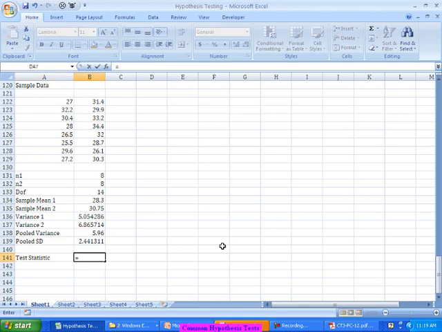So let's go ahead computing the test statistic. The test statistic for us is the difference in the sample means minus the hypothesized difference, which is 0, divided by the pooled standard deviation into square root of 1 by n1 plus 1 by n2.